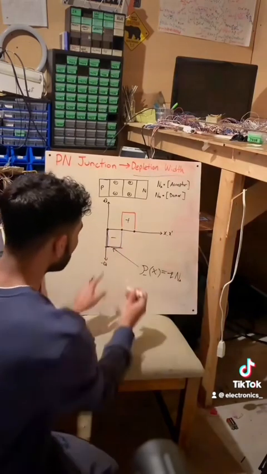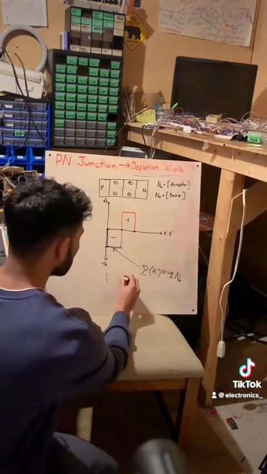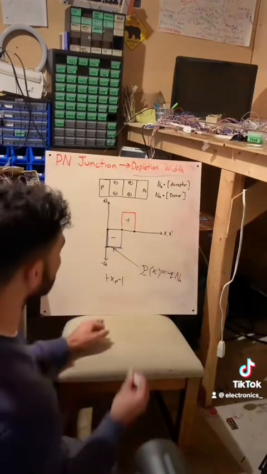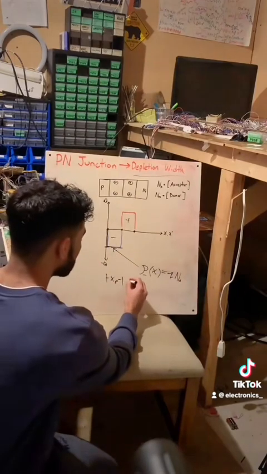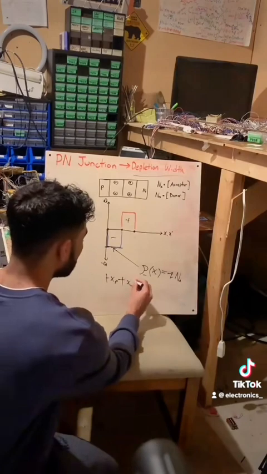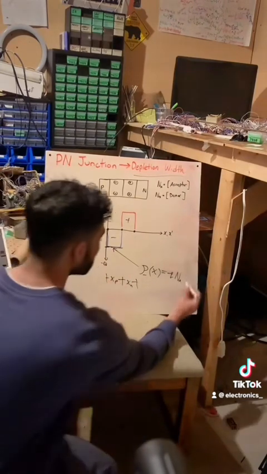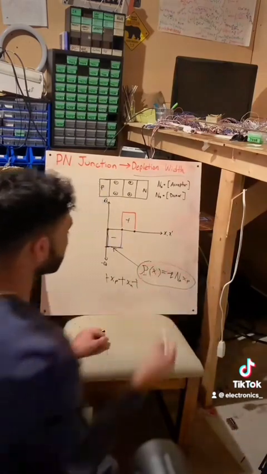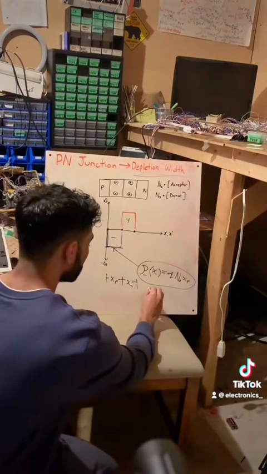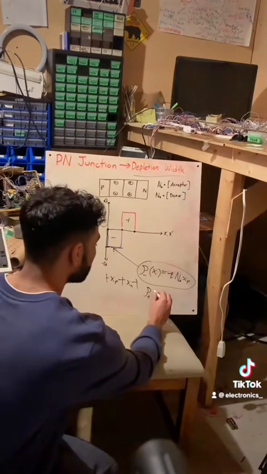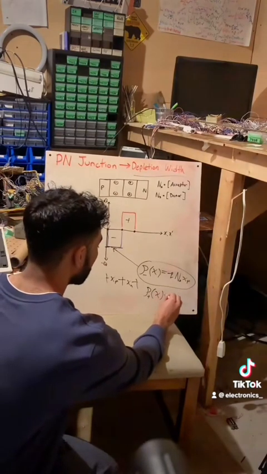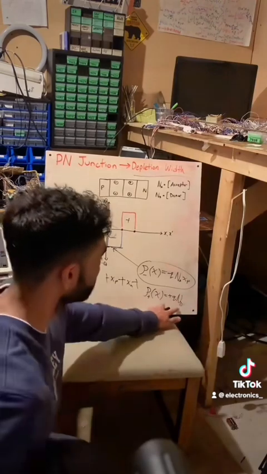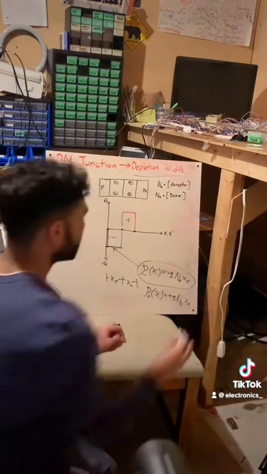So we multiply it by this length, and we should define our length as xp for our P region, and call this one xn for our N region. So we multiply this by xp. That's for our negative charge density. Now for the positive region, we have a positive Q times our donors times xn. So this is our charge density.